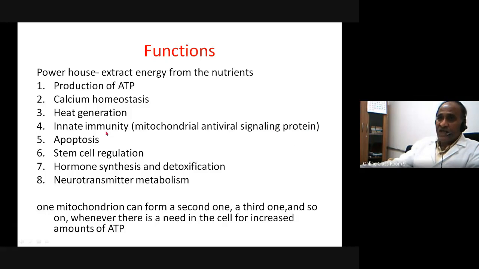It participates in apoptosis of cells, helps stem cell regulation, and helps hormone synthesis, steroid hormone synthesis and detoxification, testosterone and estrogen. And in nervous tissue, mitochondria help neurotransmitter metabolism.